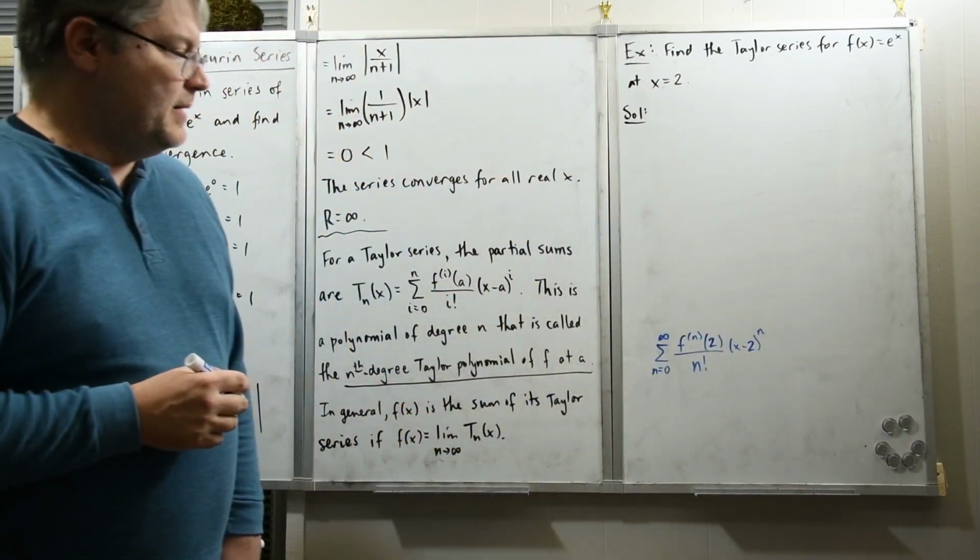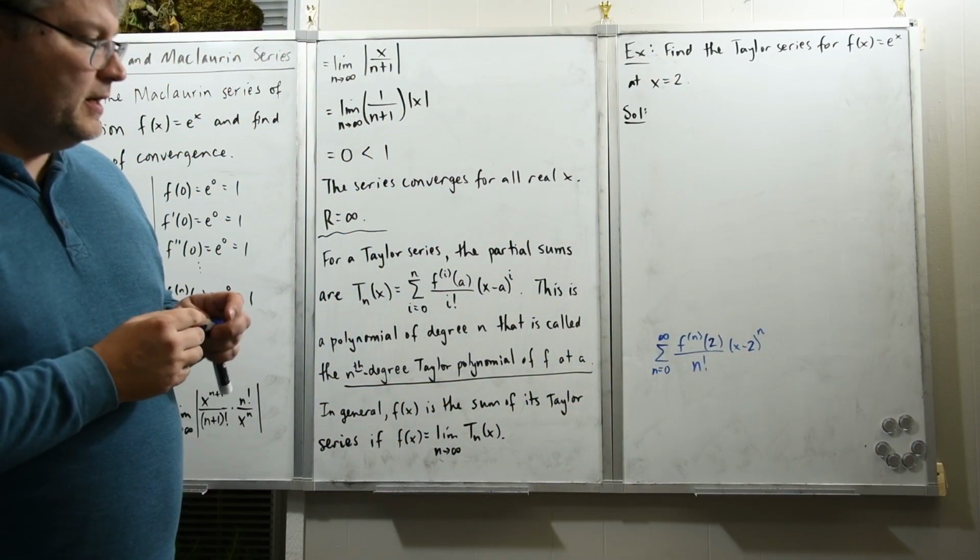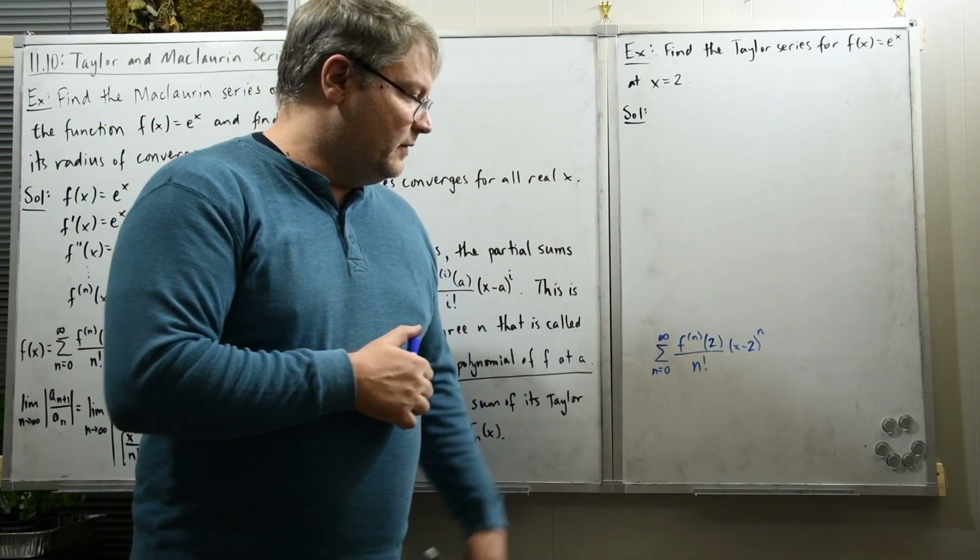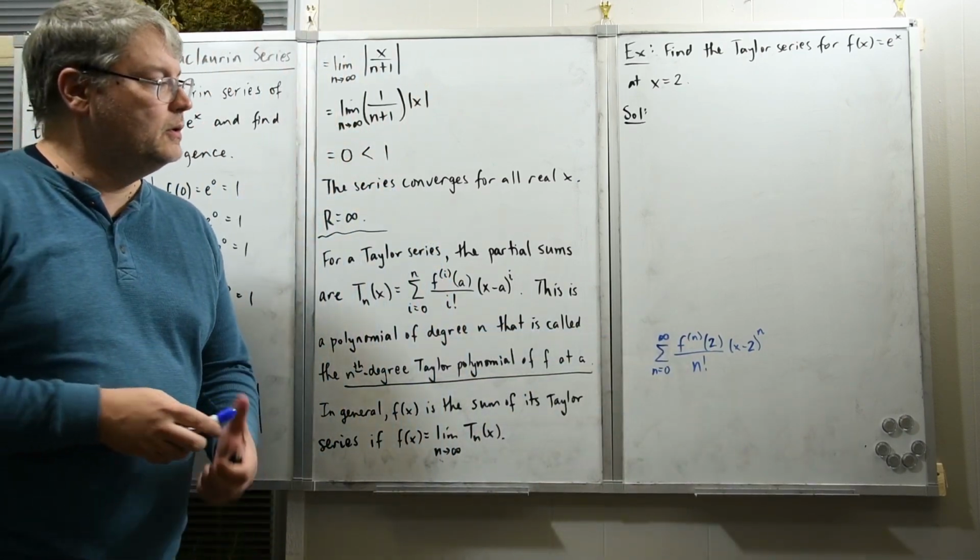So this is the kind of format that we're really looking for, which means that we're going to need to know something about the nth derivative of f at 2.